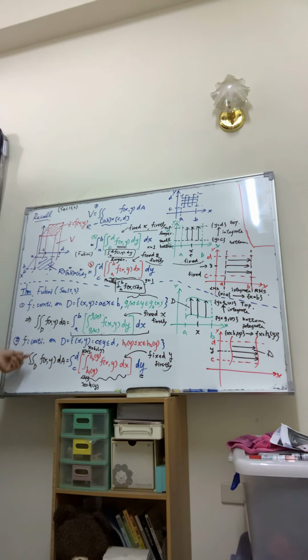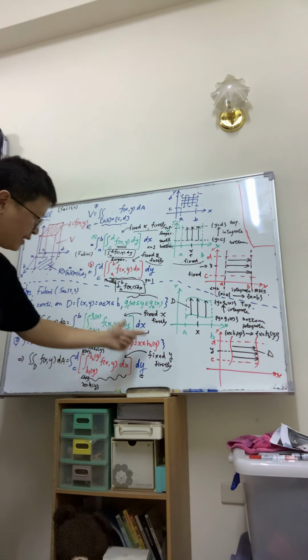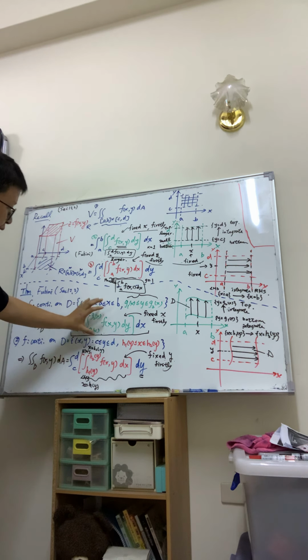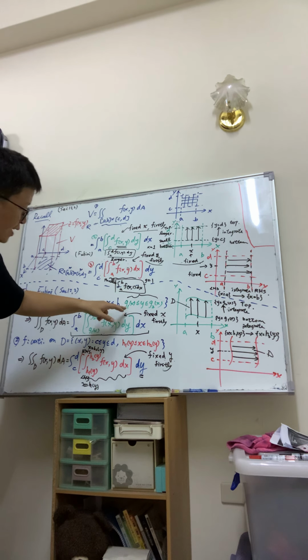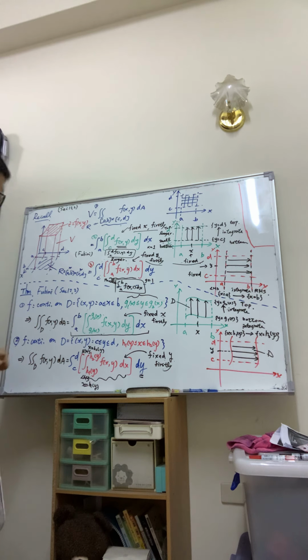But we also could say that if the region D, we could express it in this way, but we also could express it in another way. For example, this way. It means the same region, but you should know what's the function g1, g2, and what's the function h1, h2. And the double integral is equal to this one, and it's also equal to this one.